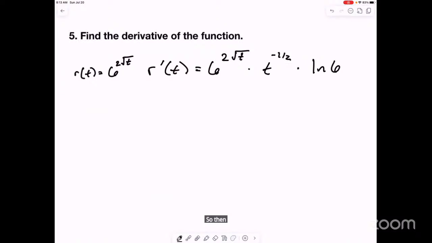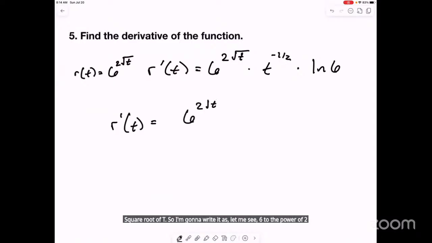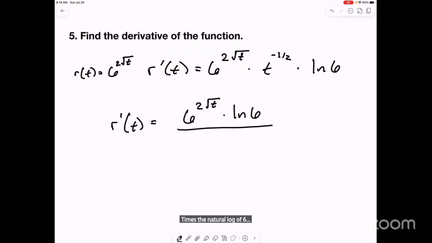Okay. So then ultimately it looks like we're getting that r prime of t, I'm going to write it as, let me see, 6 to the power of 2 times the square root of t times the natural log of 6 all over square root of t.